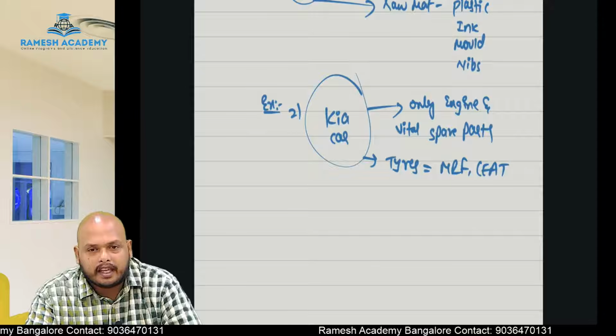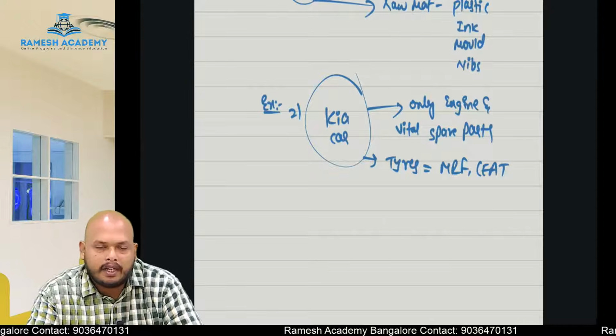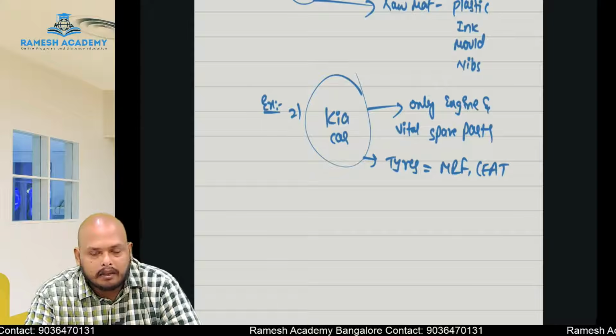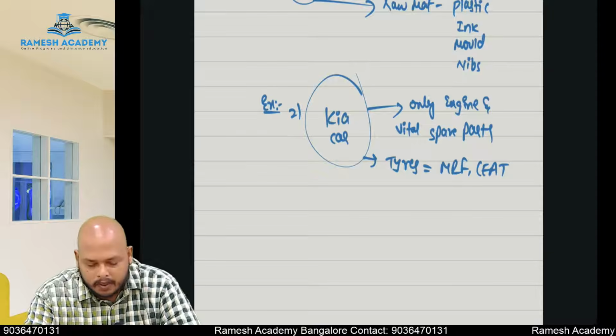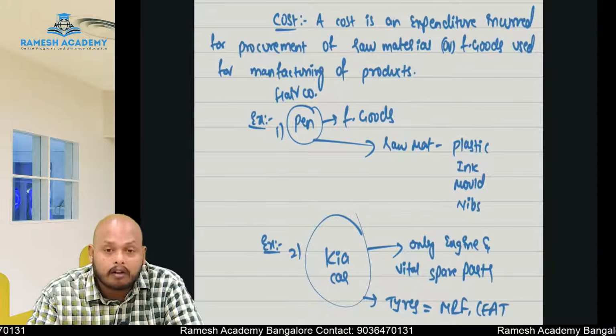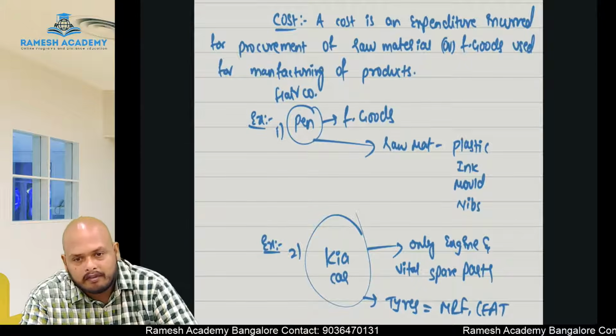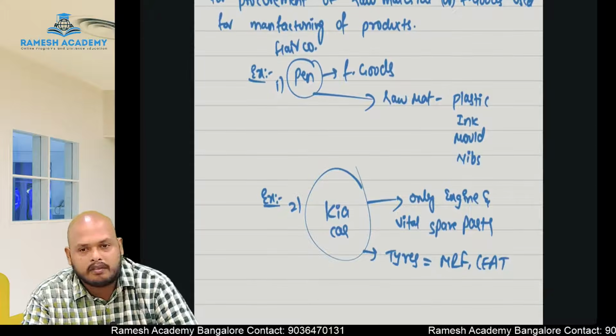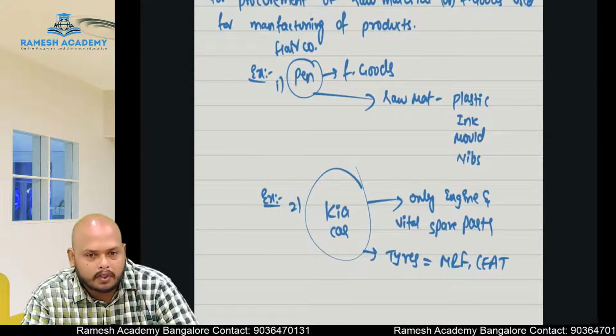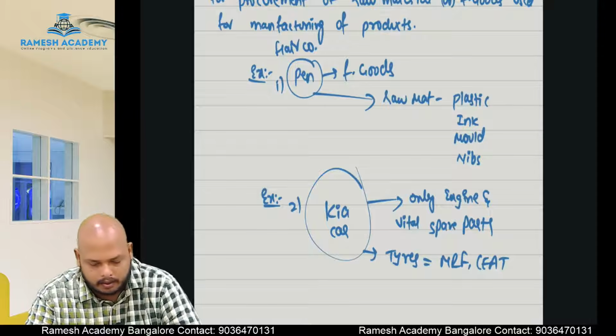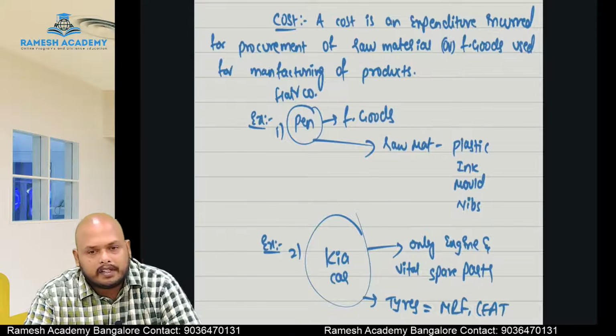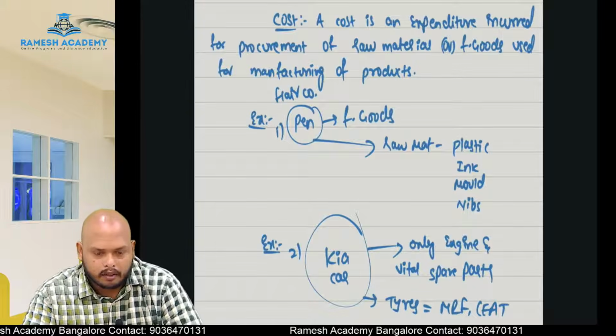But for the Kia car, tire is a raw material only. That is the reason we are using "or finished goods" in the cost definition. Sometimes in a few situations it happens. Just now we took the example of a Kia car. So this is the definition of a cost.